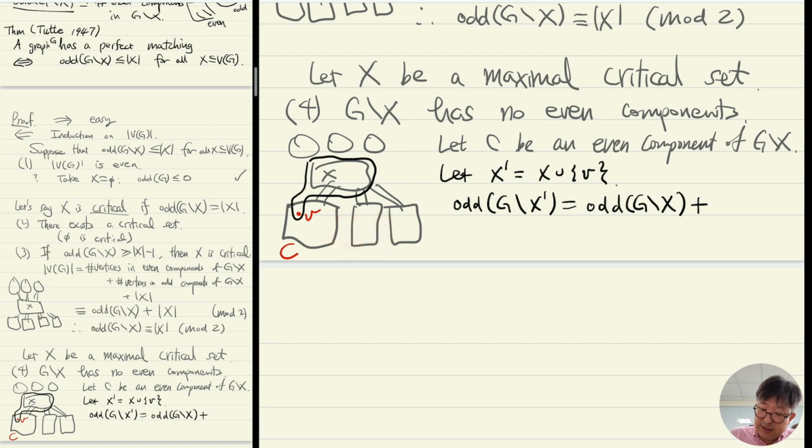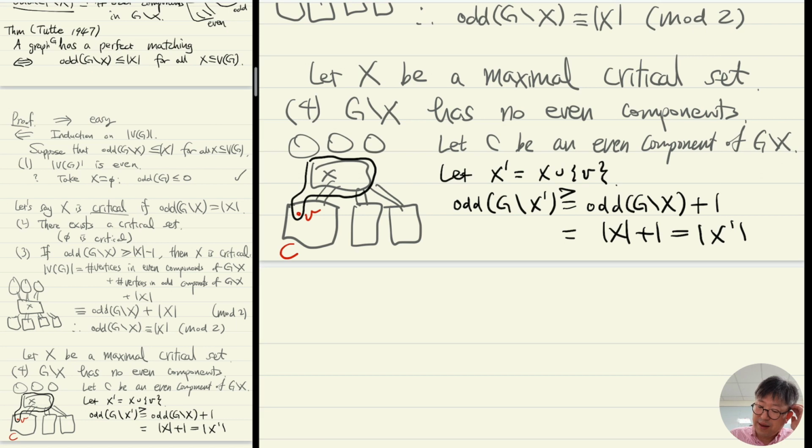So this C will be split into smaller components, and at least one of them has to be odd. Yes.